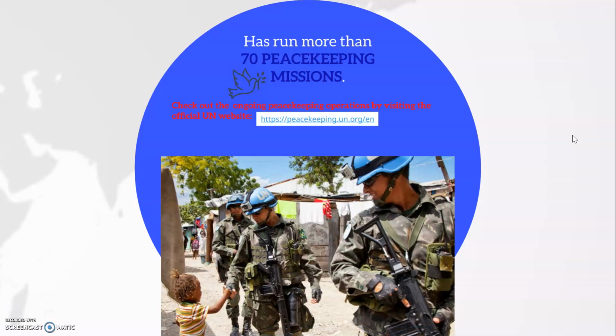But you will see that as of 2020, there are 13 ongoing peacekeeping operations across 3 continents carried out by some 100,000 men and women from all over the world. And countries currently hosting missions include Cyprus, India, and Congo.